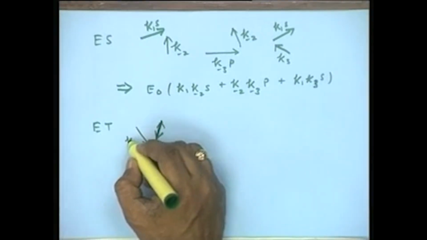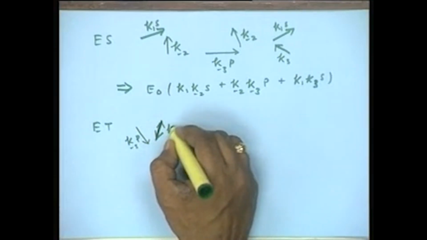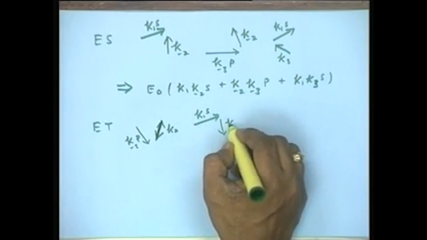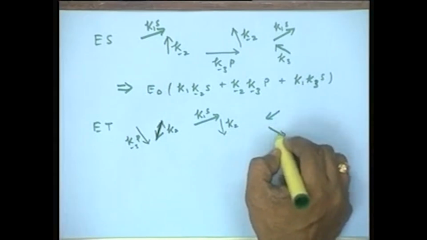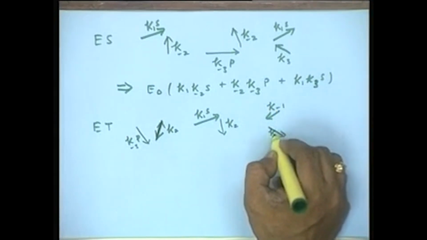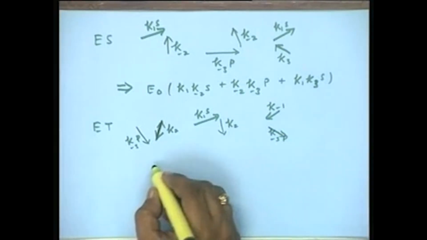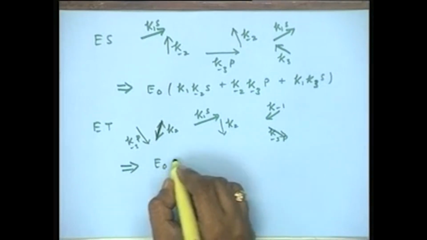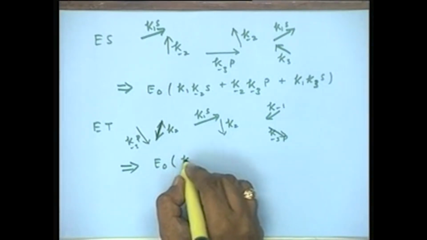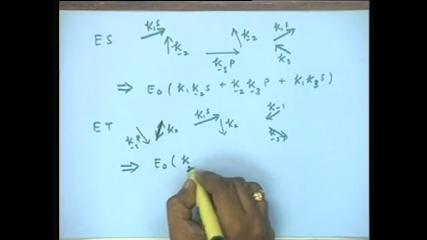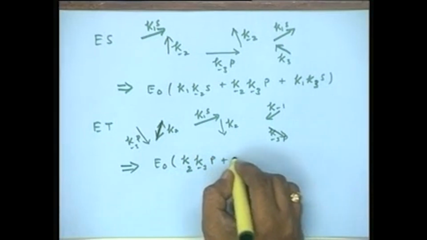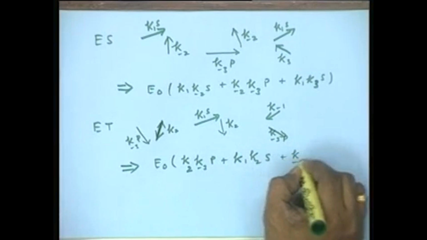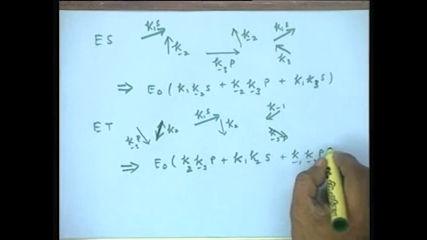This will be your K minus 3 into P and this will be K2, K1S, K2 and K minus 1, K minus 3 into P, and the fraction of the Et of the total enzyme concentration will be E0 into K2, K minus 3 into P plus K1, K2 into S plus K minus 1, K minus 3 into P.